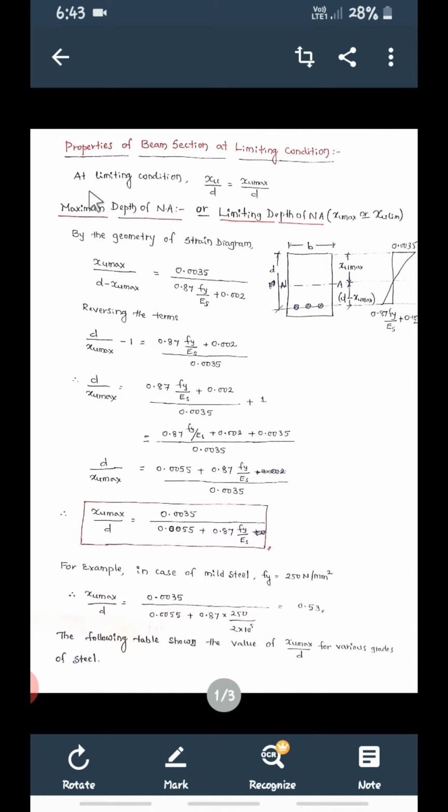The important thing is to note down that at the limiting condition, xu by d, whatever we found out yesterday, will become xu max upon d.